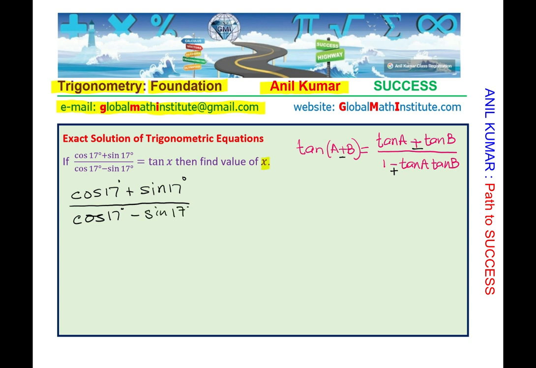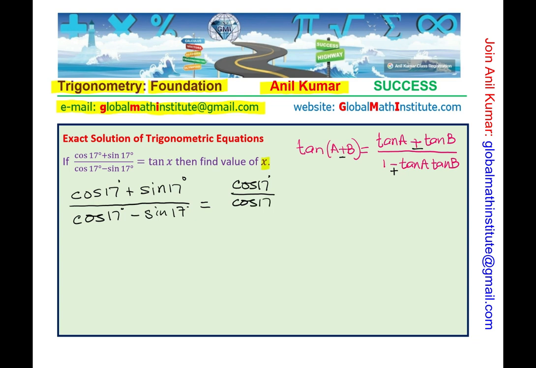We can see there is some relation, right? To get into the tan terms, what should we do? Well, we can divide by cosine. So, dividing by cosine, we get cos 17 degrees divided by cos 17 degrees. We are dividing each and every term by cosine.